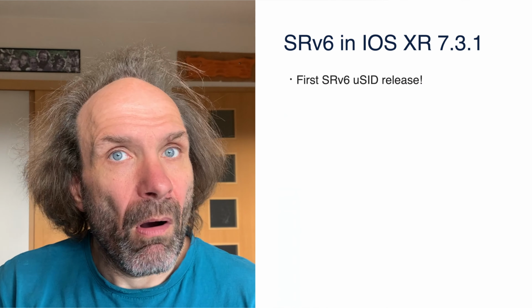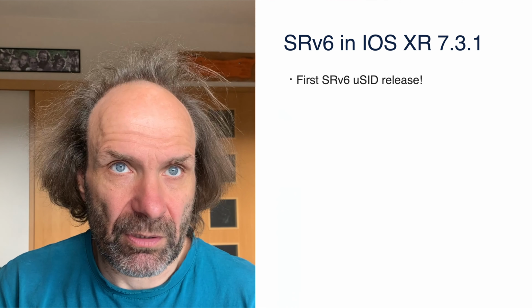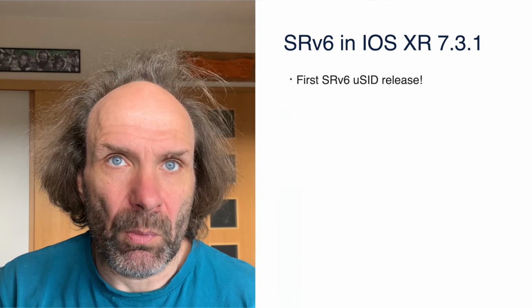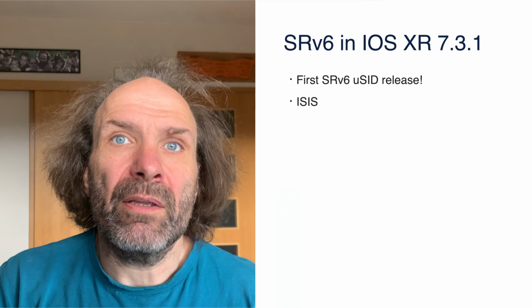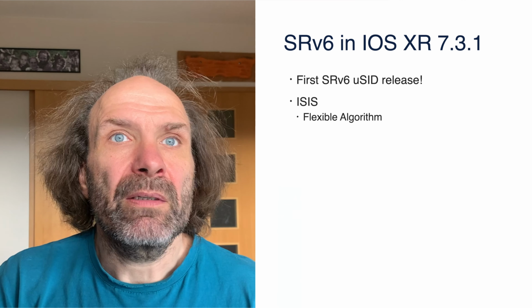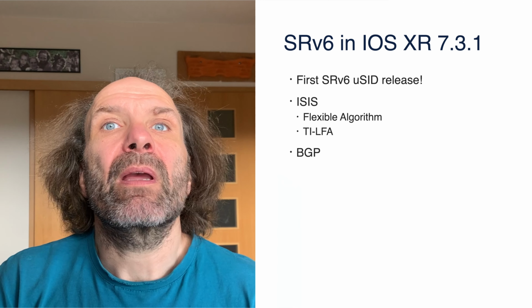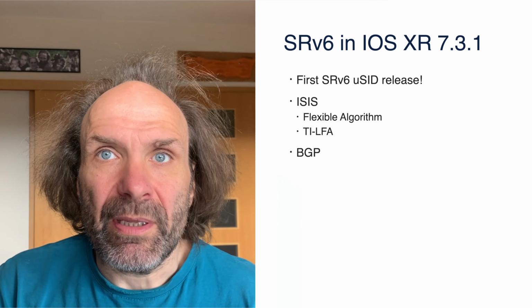That's all for today. We have managed to build the whole SRv6 network using new SRv6 microSID features introduced in 7.3.1. We have done full IGP configuration using ISIS, including flexible algorithm, TI-LFA, and microloop avoidance. Then we created layer 3 VPNs.